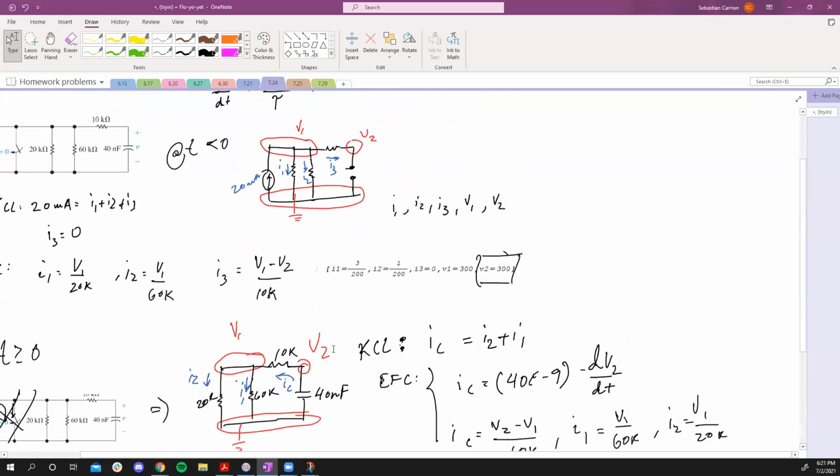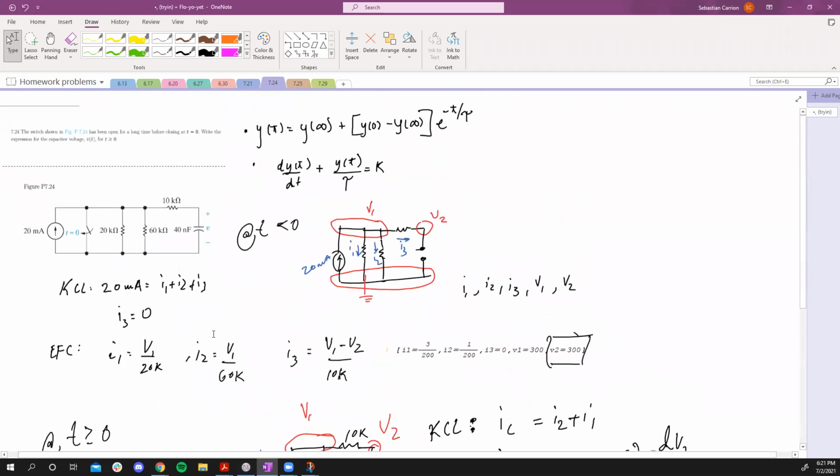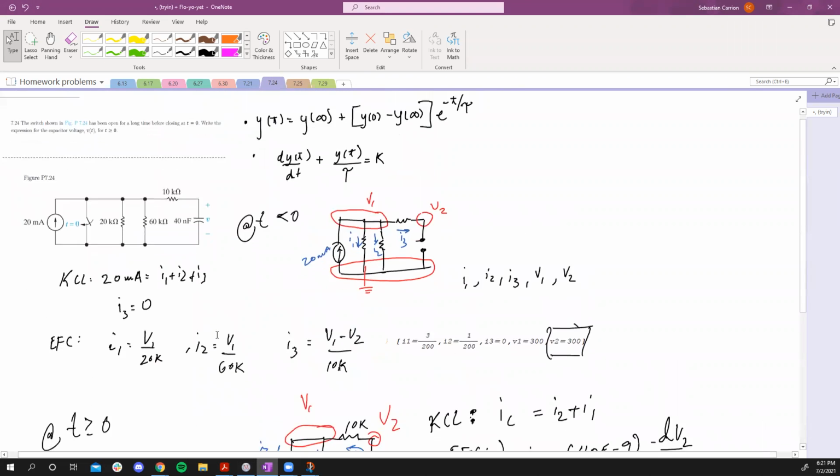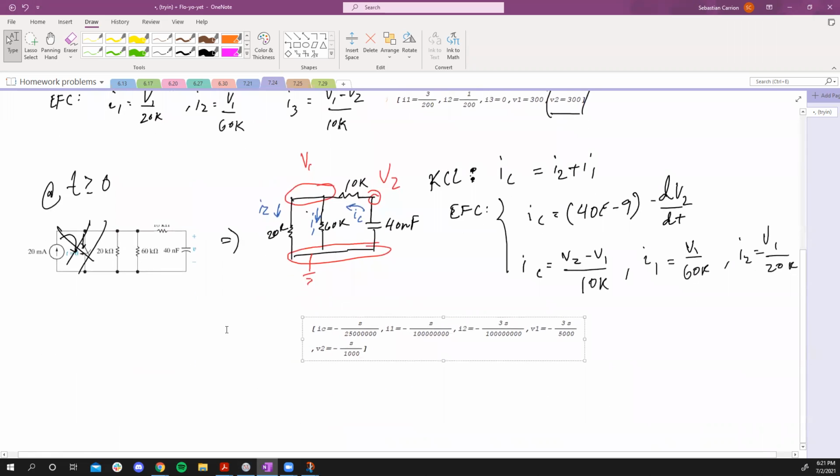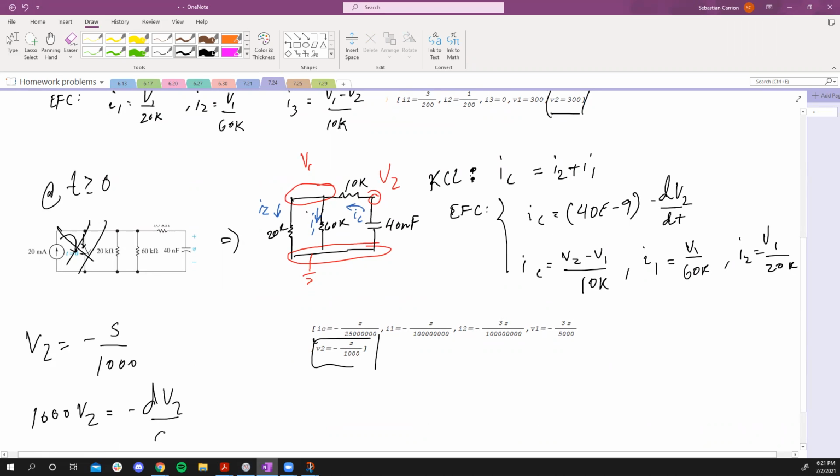So once again, the question is asking for the expression for the capacitor voltage V(t). So our capacitor voltage is V2. So V2 is equal to negative S over 1,000 times V2, equals negative dV2 over dt. And this is going to tell us this.